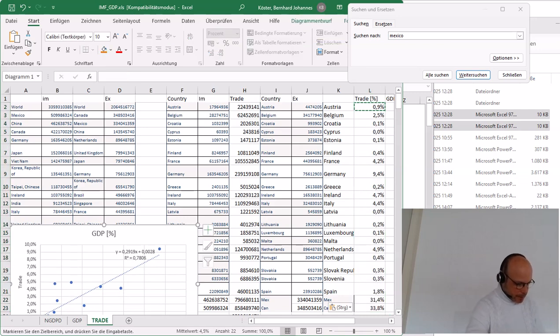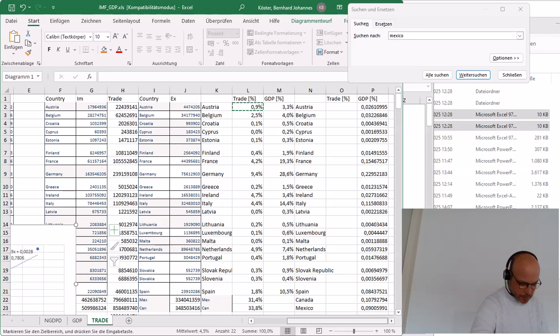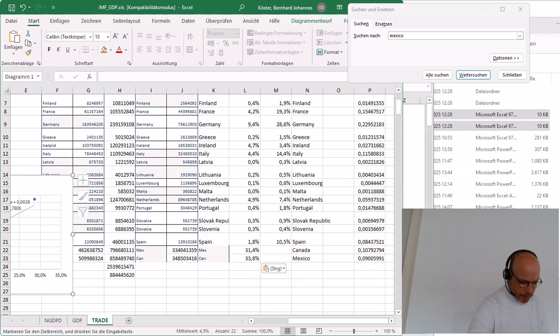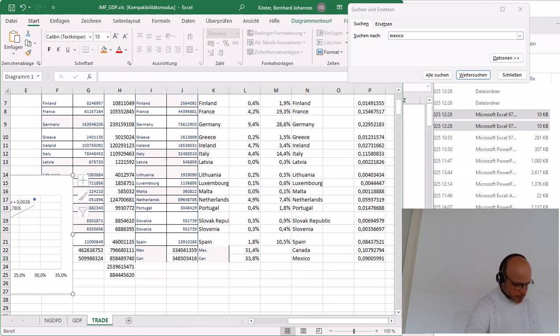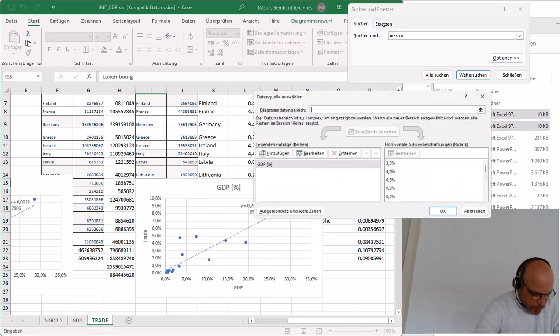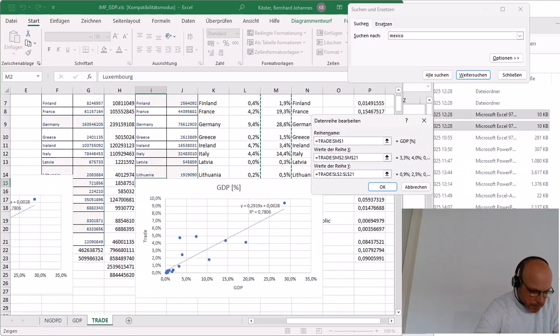And that's, now we can also, now we have this and this. Let's copy this one and data. Oops.